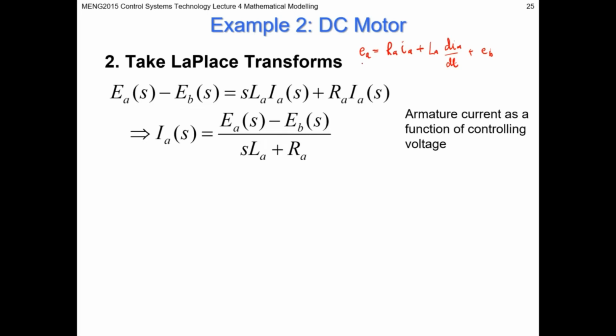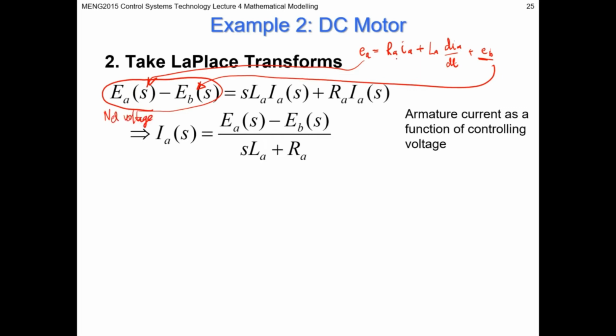So we're taking Laplace of each of these. Laplace of this just gives us capital EA as a function of s. When you take Laplace, you normally capitalize. That's the nomenclature we use. Minus, we're taking our EB, taking Laplace of it, and putting it on the left-hand side. So this is our net voltage.